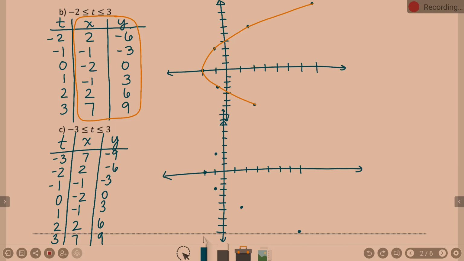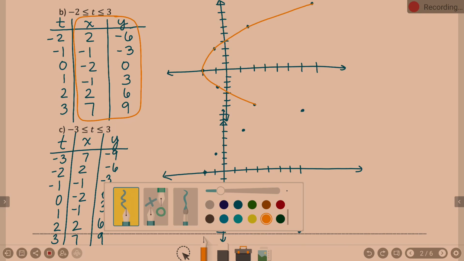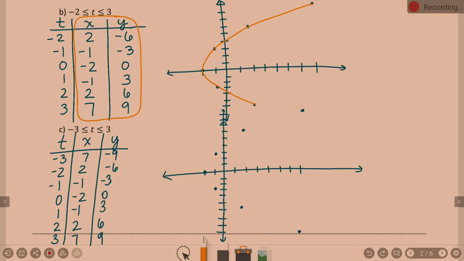Left 1, up 3. Right 2, up 6. And right 7, up 9. If done correctly, you have the entire parabola, right?